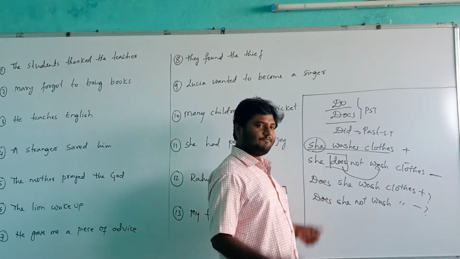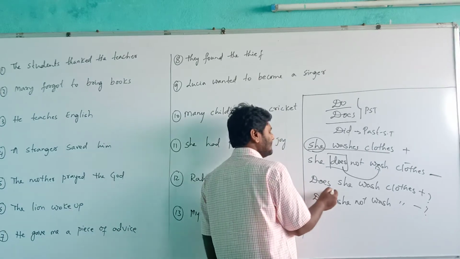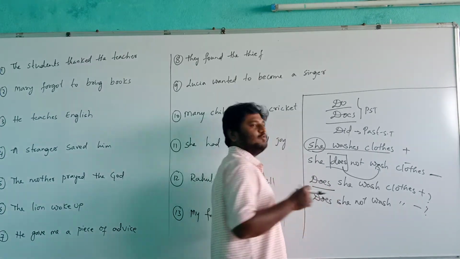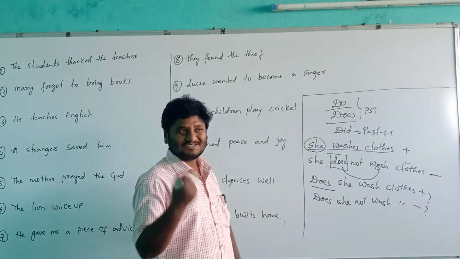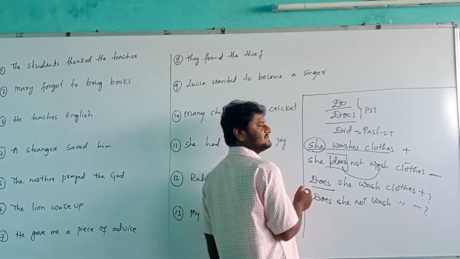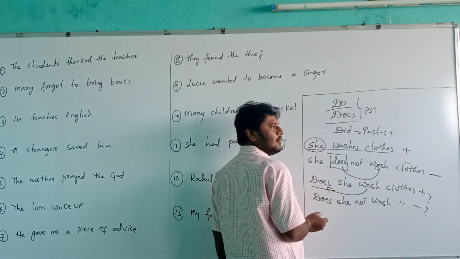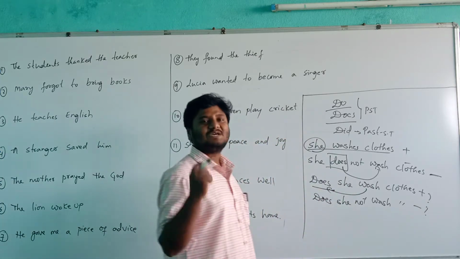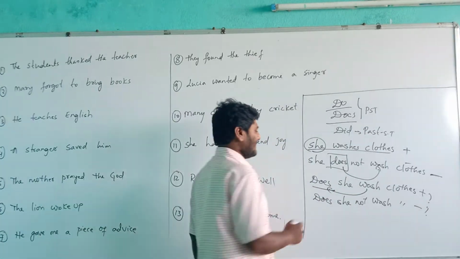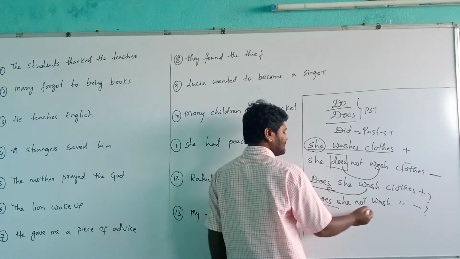Similarly, when we have a positive question, does is helping like a question word. Then at the same time, here it is helping the subject, helping the verb. Then here we have does she not.